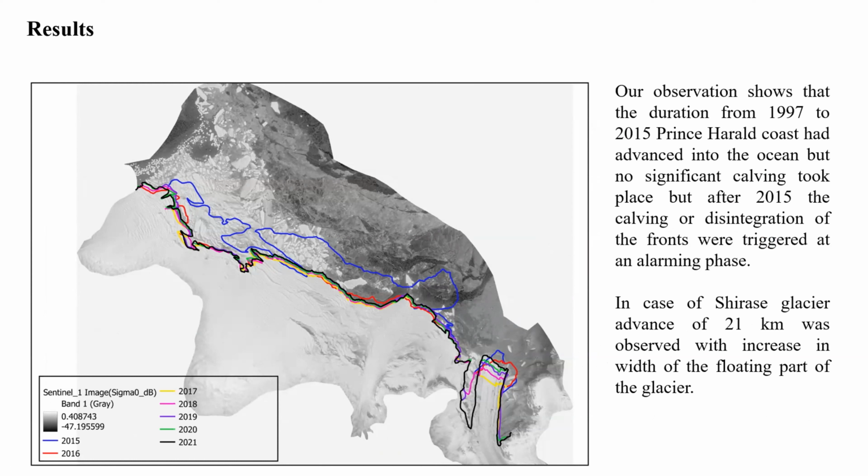But after 2015, calving events took place at an alarming rate, whereas for Shirase Glacier, 21 kilometers was observed with the increase in the width of the floating part of the glacier.